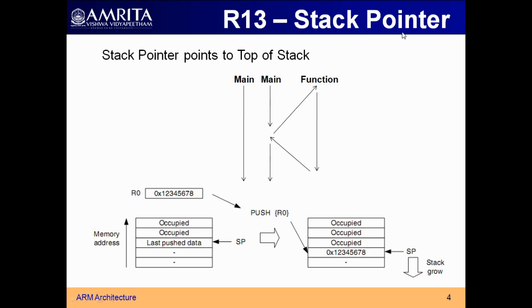So stack pointer holds the address of the location, because each location will be having an address. You are referring to each location with the help of address. So stack pointer will hold the address to which the next data has to be stored. That is known as the top of stack. So stack pointer is a pointer holding the address to which next data has to be pushed on to.